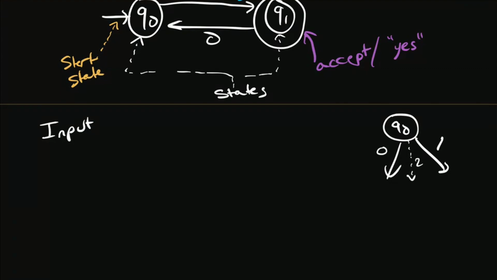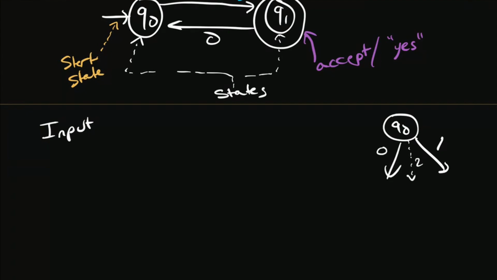No. What if the first character is a 2? What do I do? It doesn't know what to do. So I have to provide for every single state everything that could possibly happen. We'll have ways of saying, this is an unwanted input, do something with it. We'll have ways of dealing with that. But for now, we have to have every transition of every possible input present.